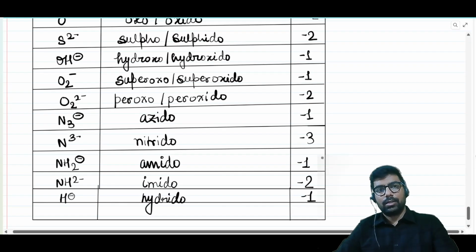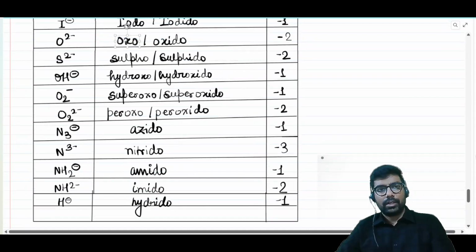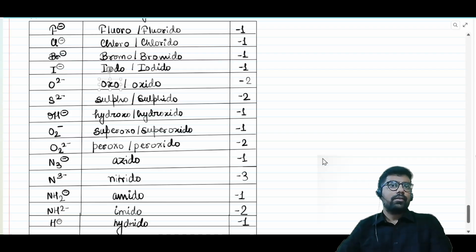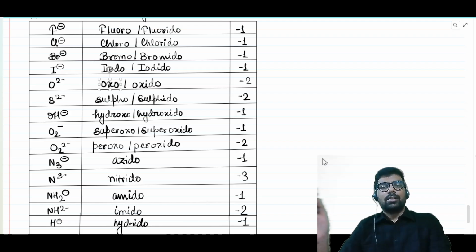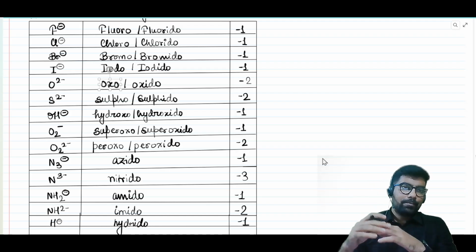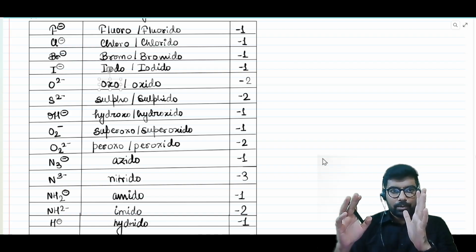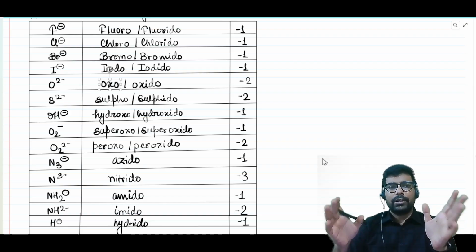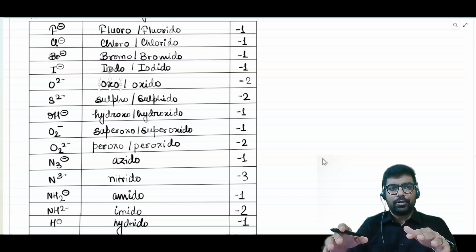So this is the list of your monodentate anionic ligands, from F minus, which is fluoro or fluorido, chloro. Now when you are remembering this, try to remember only one type. For example, fluorido, chlorido, bromido, iodido, oxido, sulfido.